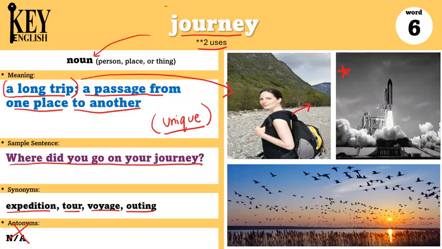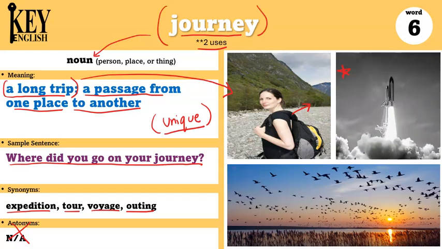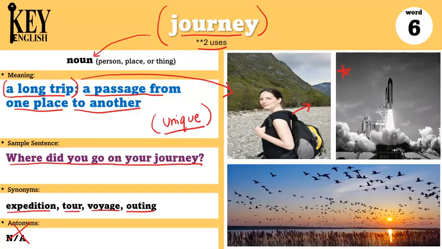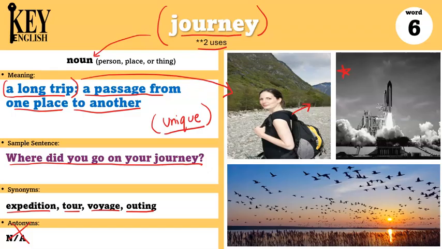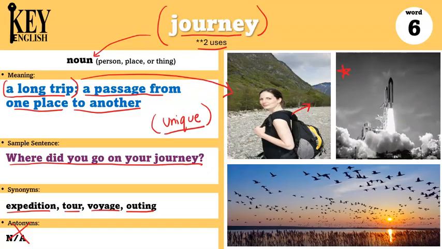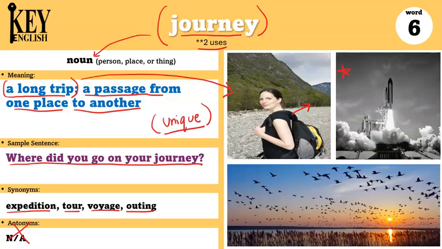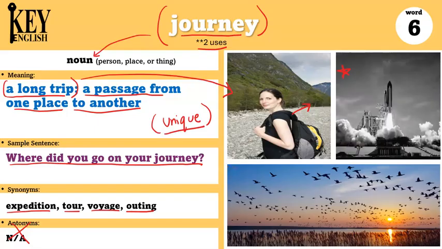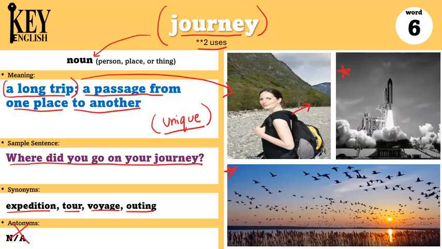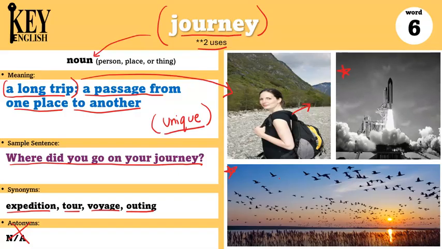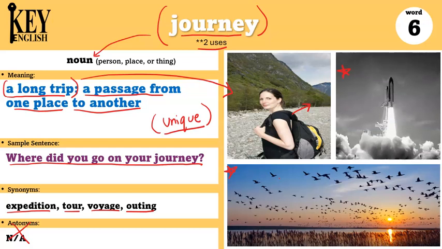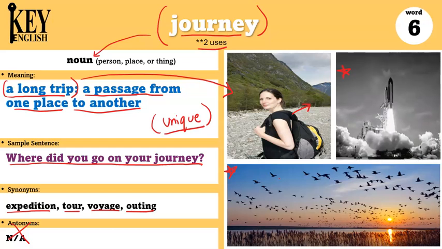So when you think about this word journey, I want you to think about amazing trips that people usually don't take. Only very special people or people who love adventure would be going on a journey. You can also use journey to talk about the long trips that animals take. For example, animals like ducks or geese, they will fly to different countries during the winter.